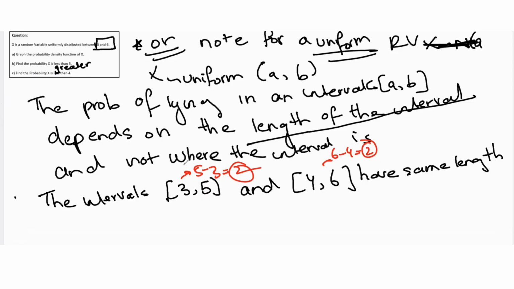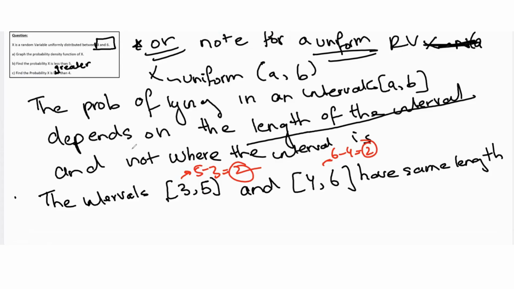We said the probability of lying in any subinterval of the interval over which the uniform random variable is defined depends upon the length of the interval. What this means is that subintervals that have the same length have the same probability of the uniform random variable lying in them.